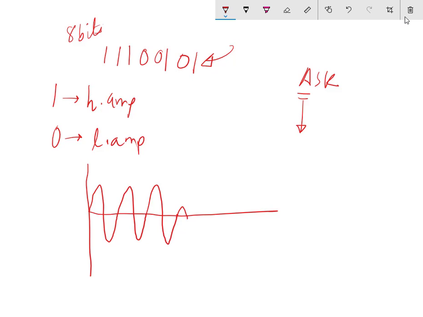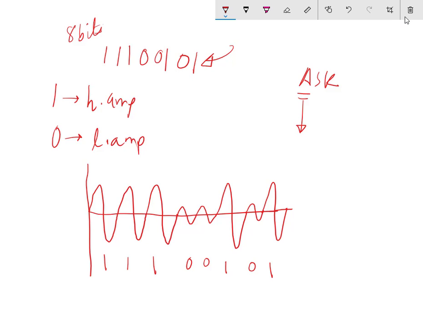Then I have another 1, so it will be high amplitude. Then again 0. Again we have another 1. So that's basically 1 1 1 0 0 1 0 1.